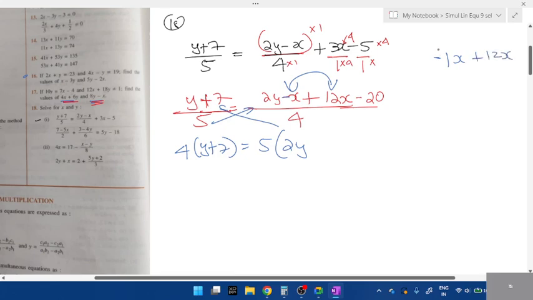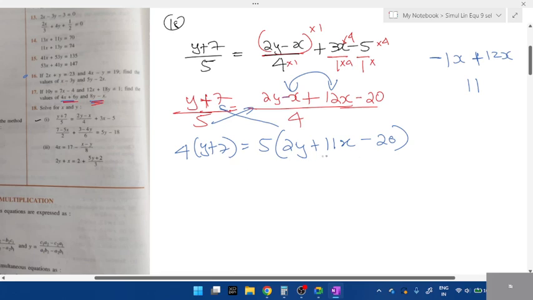Minus into plus is minus. 12 minus 1 is 11, so y minus 11x. Which is greater here? 1 is greater or 12 is greater, not the plus sign.